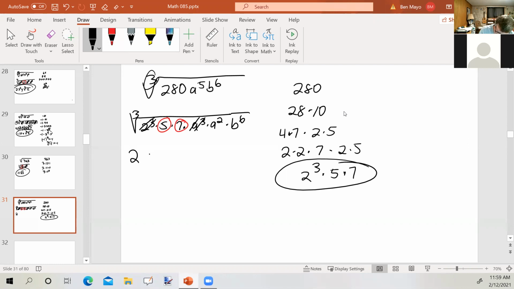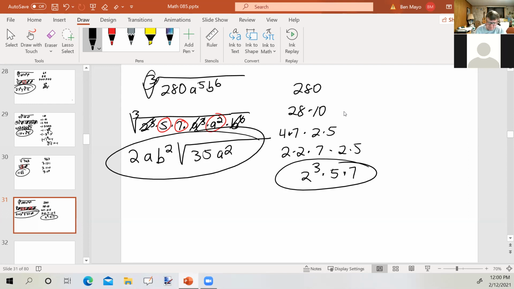Would just be a on the outside? This isn't going anywhere. What's the cube root of b to the 6th? b to the 2nd. Okay. And now I'm going to multiply together what's left inside. 5 times 7, 35a squared. And there's my answer.